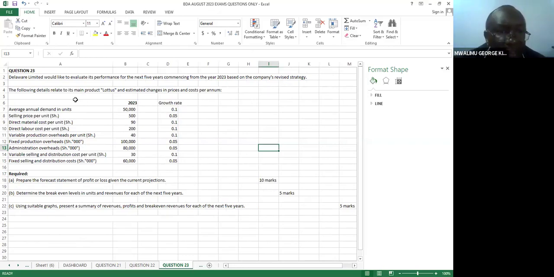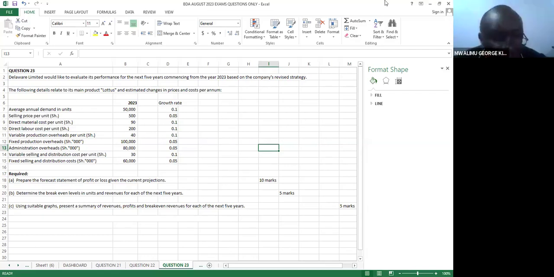The following details relate to its main product, the rotors, and estimated changes in prices and costs per annum. So we have the average annual demand, all those things. So we are told to prepare the forecast statement of profit and loss given the current projections. Determine the break-even levels in units and revenues for each of the next 5 years. Then using suitable graphs.